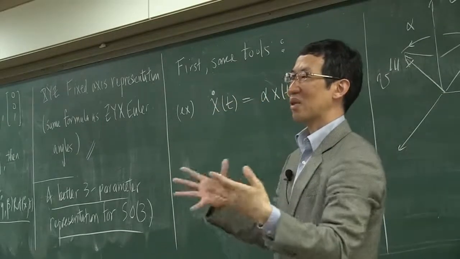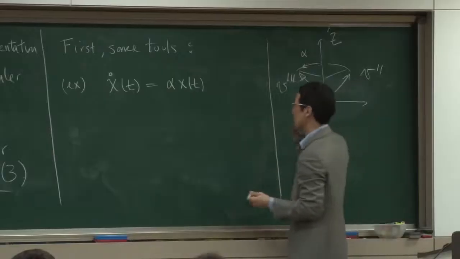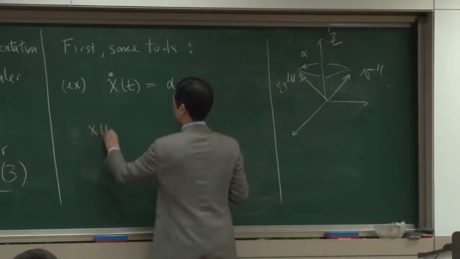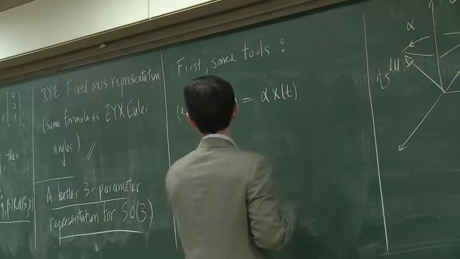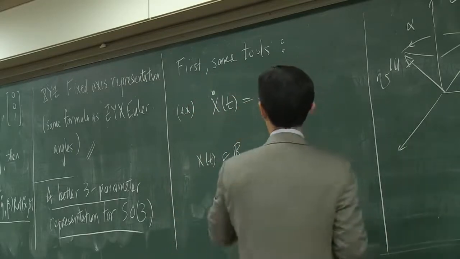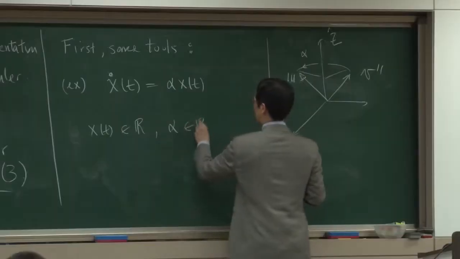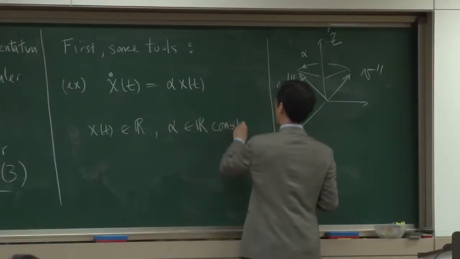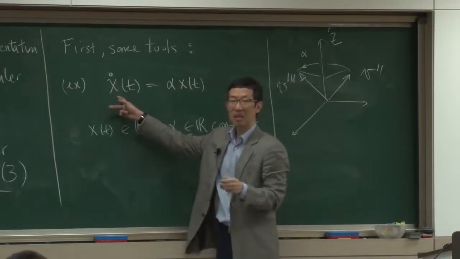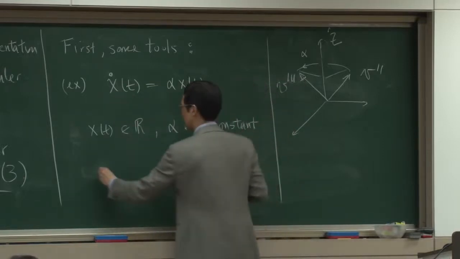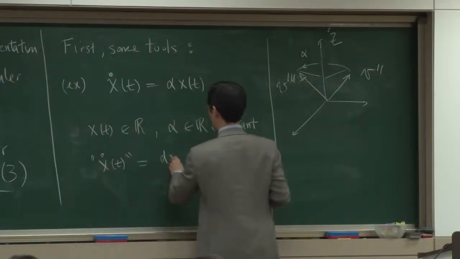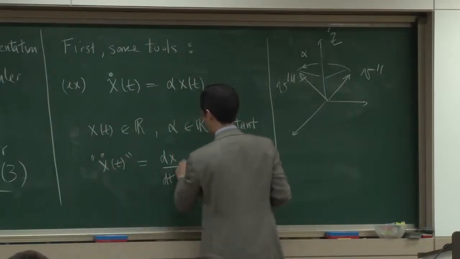So suppose I give you this differential equation, where x is a scalar function of time, alpha is also a scalar constant, and this dot means time derivative. So x dot of t simply means dx/dt of t.